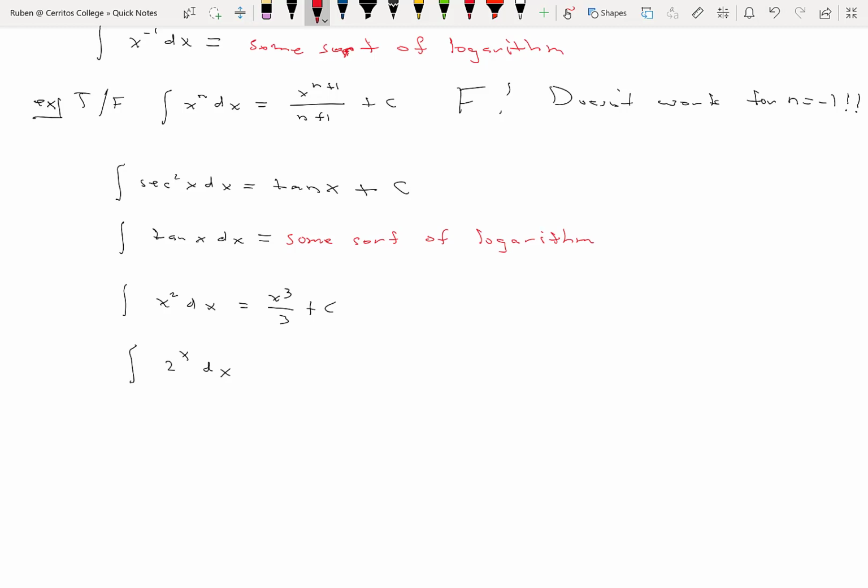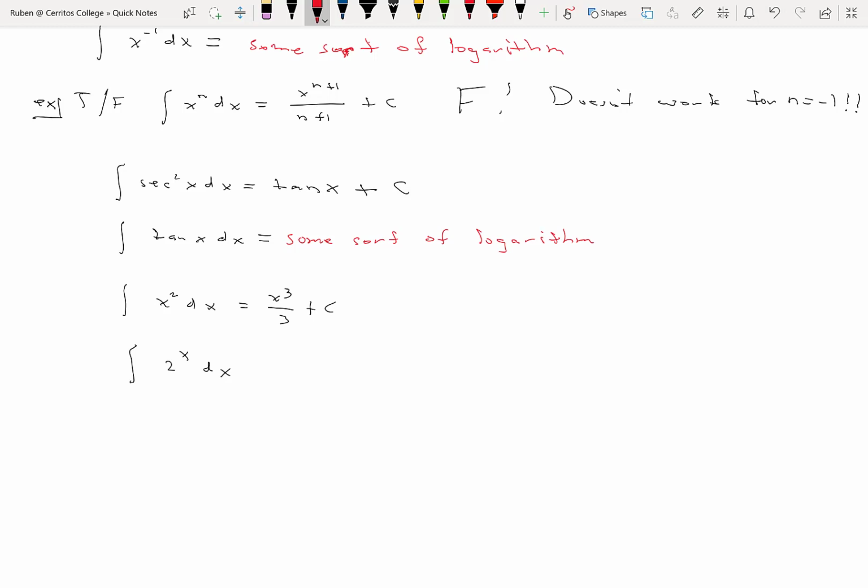Populations of people, populations of animals, populations of viruses, things grow exponentially. So we need derivatives and antiderivatives of exponential functions so we can describe the rates of change and other aspects that calculus gives to functions. We need to be able to find derivatives and antiderivatives of exponential functions.